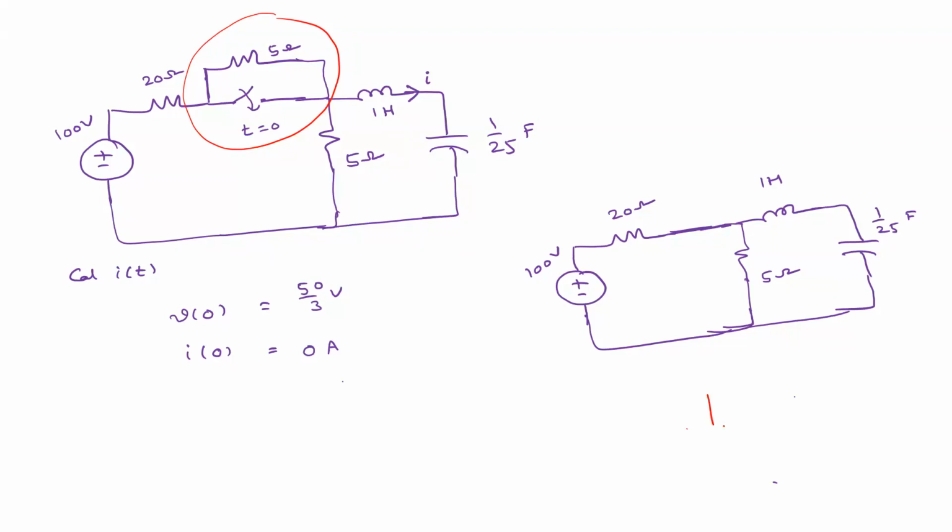So we want to bring this circuit in this form, right? This parallel resistance is creating the problem, right? So how to remove this parallel branch?